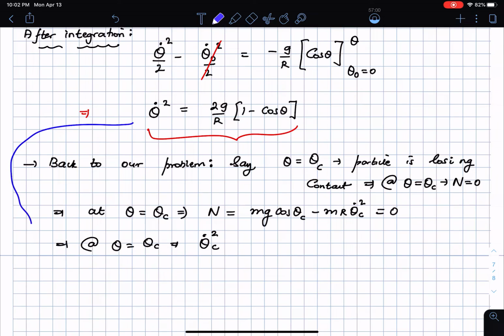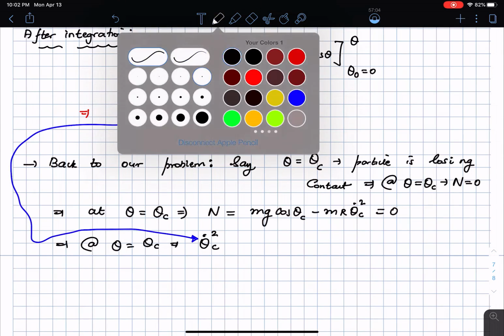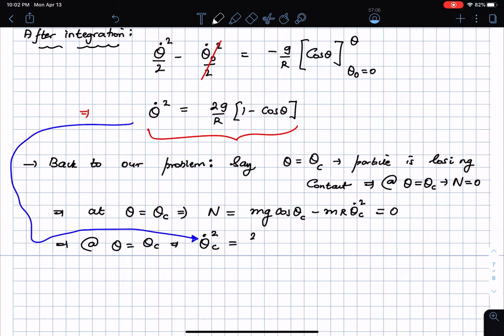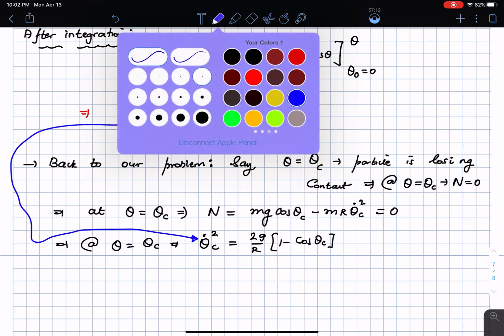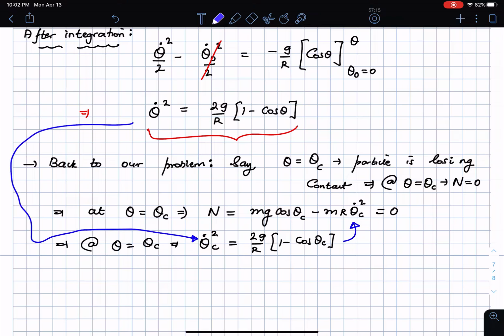So I'm going to take that expression and plug that in there: this is equal to 2g by r times 1 minus cos theta critical, and I'm going to plug it back in here.